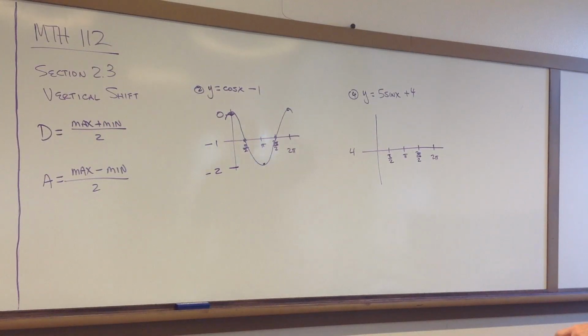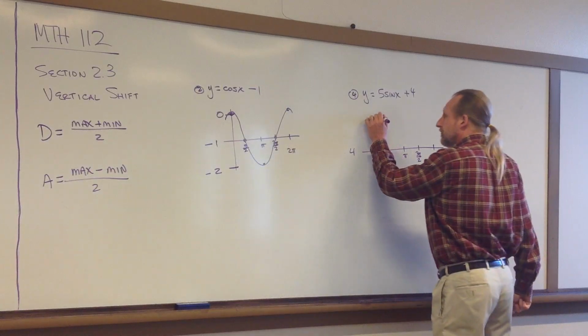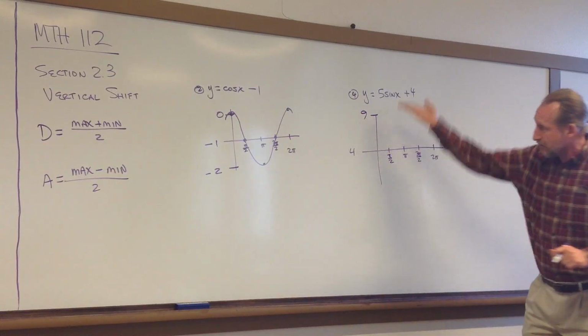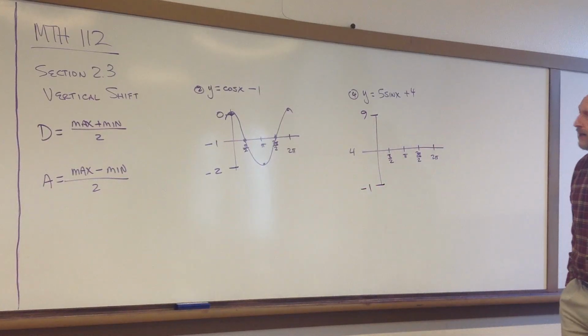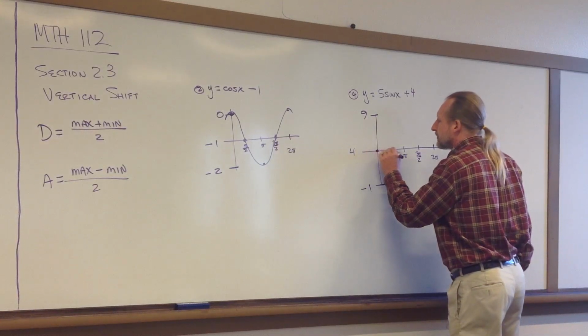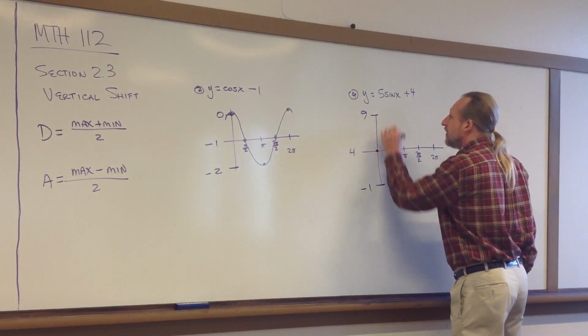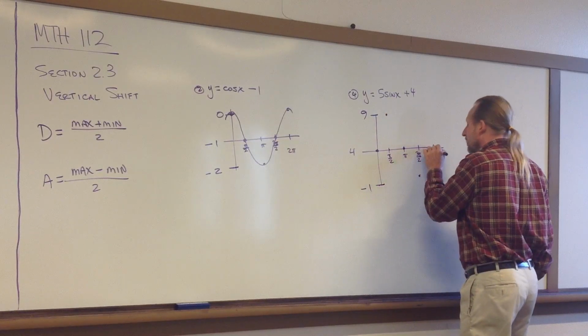We will get into that as these problems move on. All right, let's see here. So now the amplitude here is 5. That says the maximum is going to go up to 9. The minimum is going to be down at -1. Okay. This is a sine function, so it starts at the midline value, goes up to the maximum, midline, 0, midline.